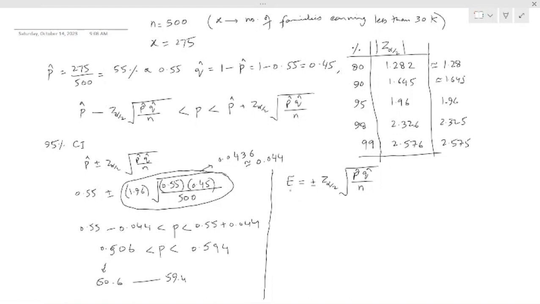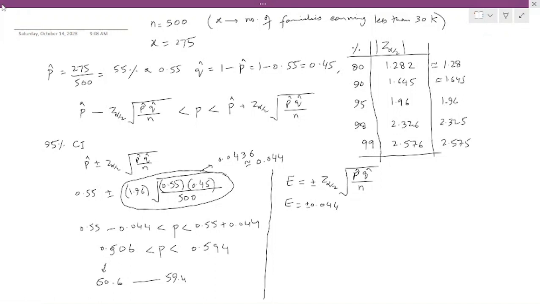Now E we have determined already, so there is no need. We can interpret this answer as plus minus 0.044. What it is indicating is that we have estimated the percentage of families who are earning less than 30,000 rupees a month.